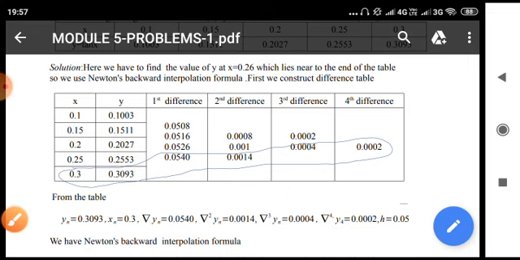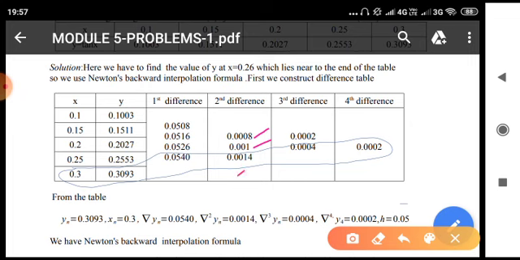Now we write the second difference similarly. 0.0516 minus 0.0508 comes out to be 0.0008. 0.0526 minus 0.0516 comes out to be 0.001. 0.0540 minus 0.0526 comes out to be 0.0014.